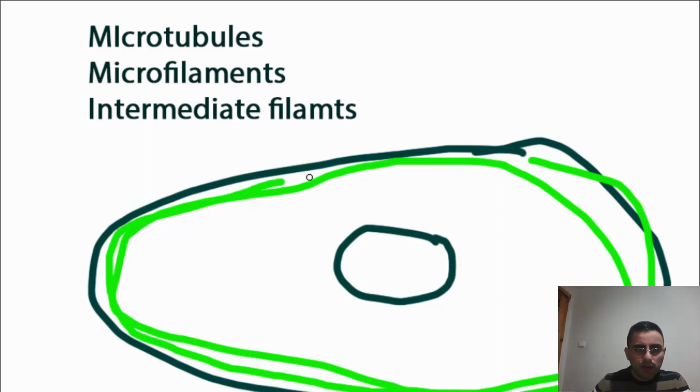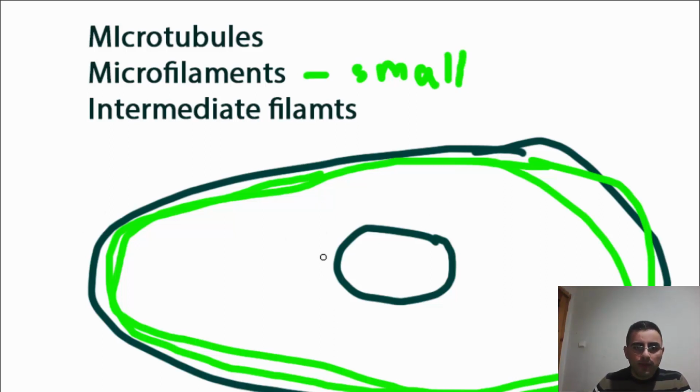Here is the microfilament network, and I draw two, but there are many. Microfilaments are the smallest structure.